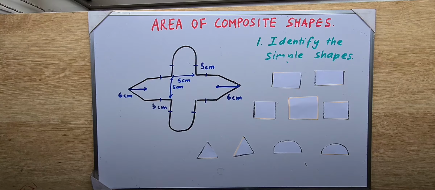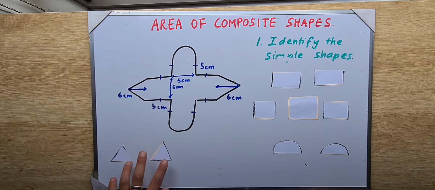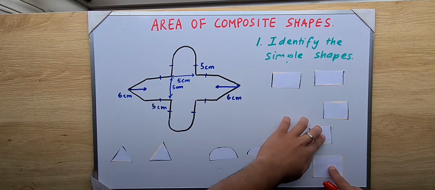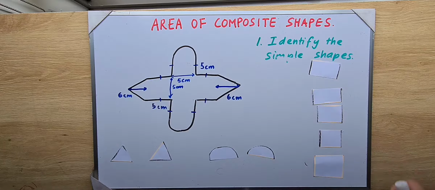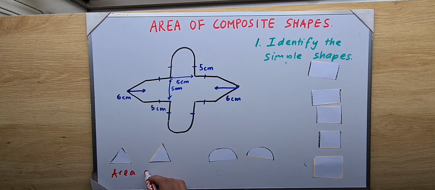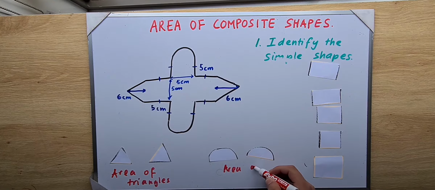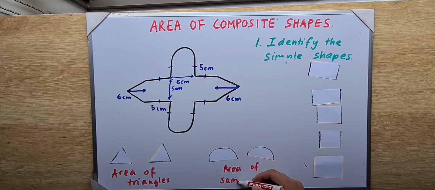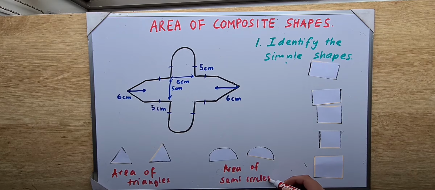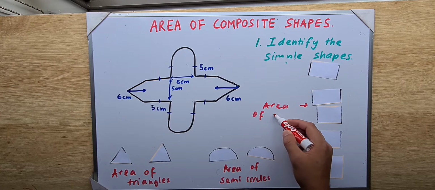So what I'm going to do is calculate the area for each individual shape and then add them all together. In other words, I'm going to calculate the area of these triangles, calculate the area of these semicircles, and also the area of the 5 squares.